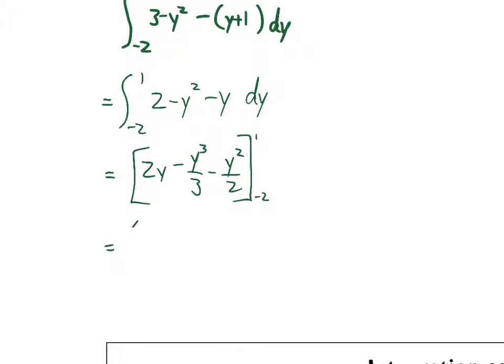So when we plug in a 1, we get 2 minus a third minus a half. Minus, when we plug in a -2, we get a -4, minus a -8/3, minus a positive 4 over 2. So that's 2.